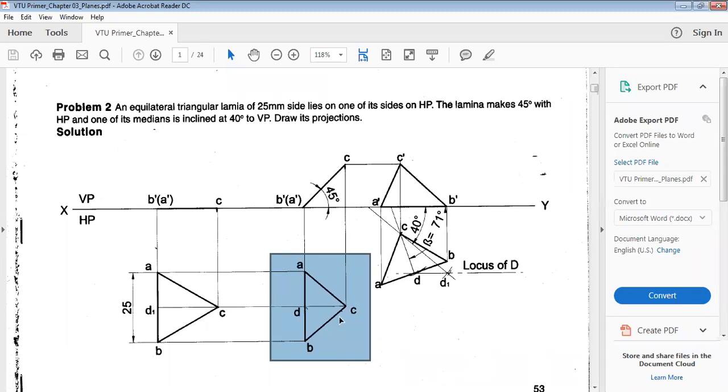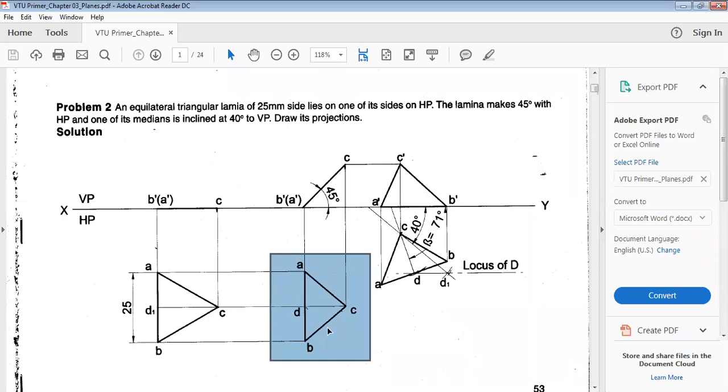Also, in the second position, this is the apparent length of the median. Compared to D1C, CD is very small, a foreshortened distance. Foreshortened median, right? So I will name this as D. So in the first procedure, point number 1, I have named the median as D1. Second, I have named it as D.